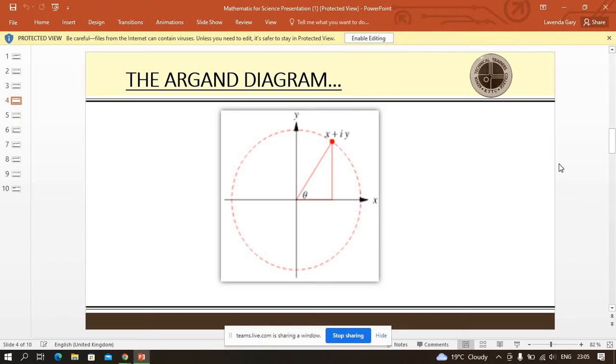Now, the diagram below shows what the Argand diagram is all about. I think everyone can see it.